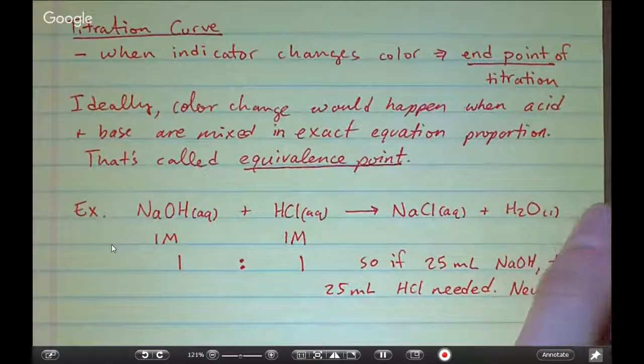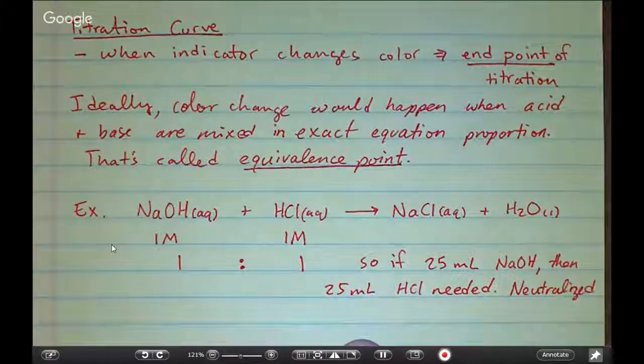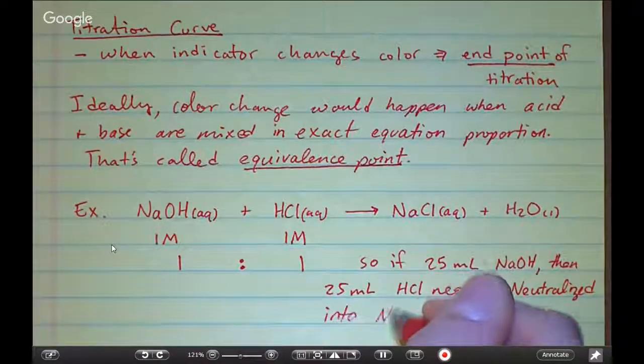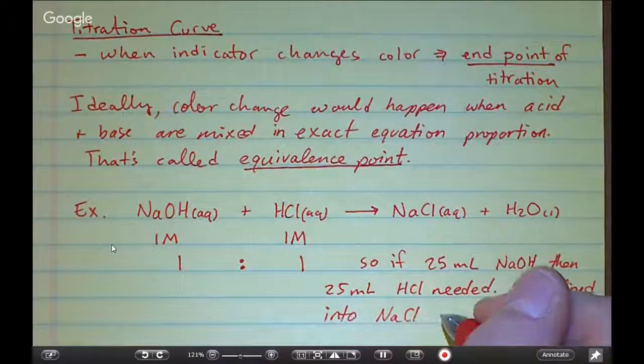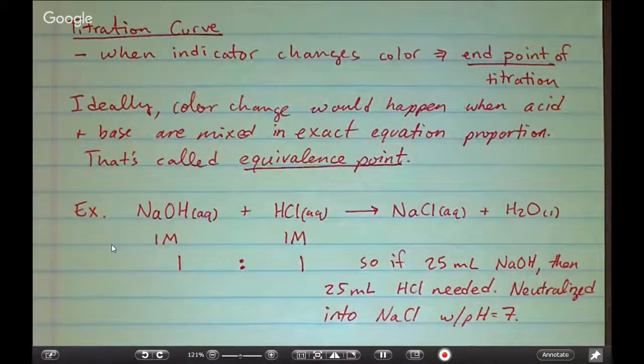You see that those things are neutralized into sodium chloride with a pH of 7.